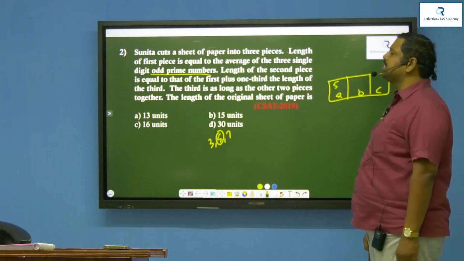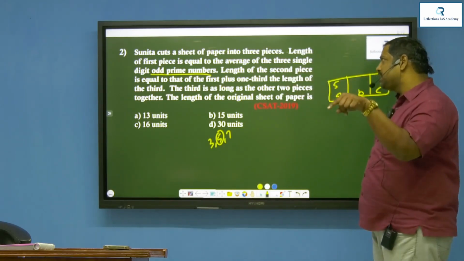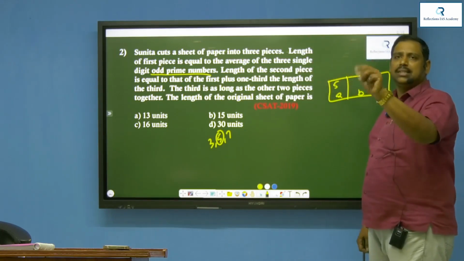Next, the length of the second piece is equal to that of the first plus 1/3 of the length of the third one.